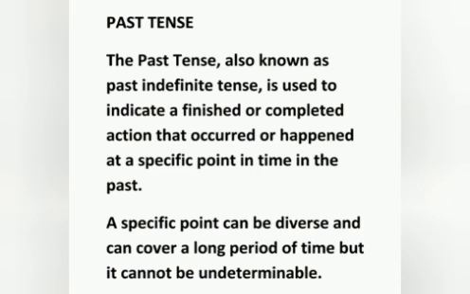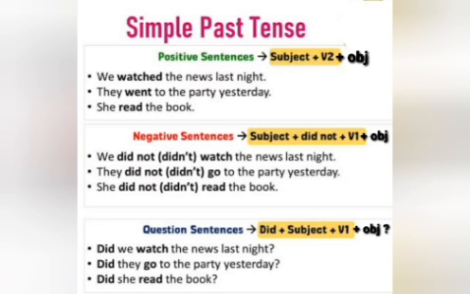The signal words for past tense are like last year, ago, at first, last week, yesterday, and so on. So the syntax for past tense is subject plus the second form of the verb plus object.